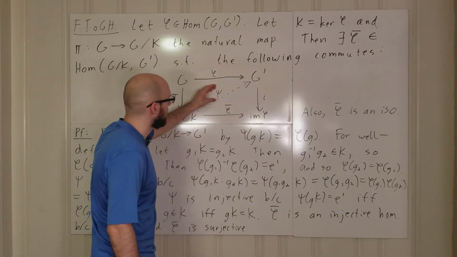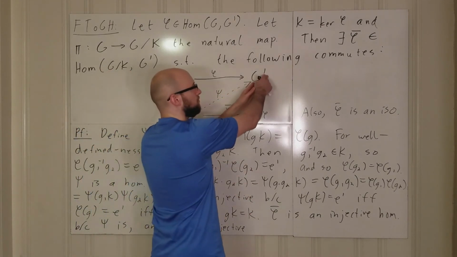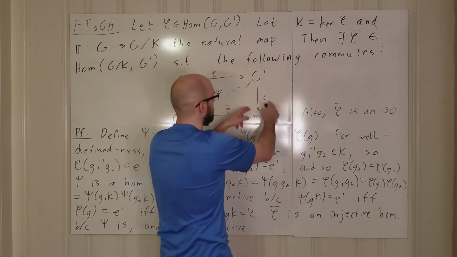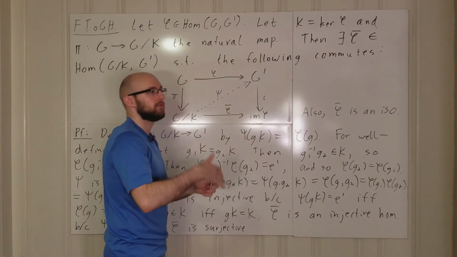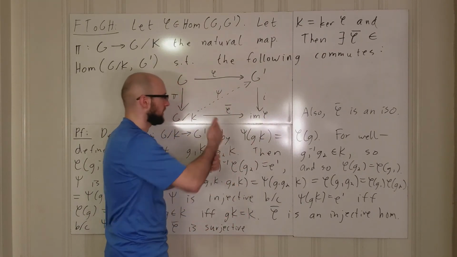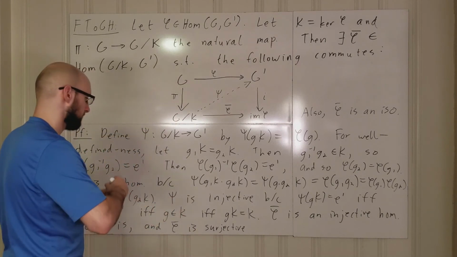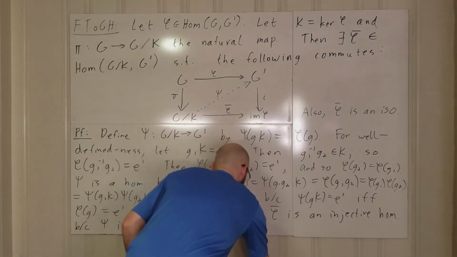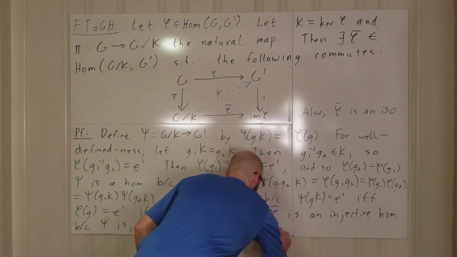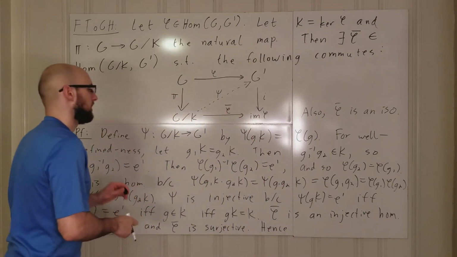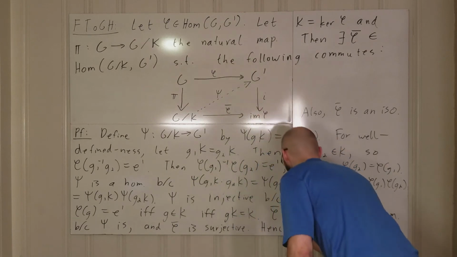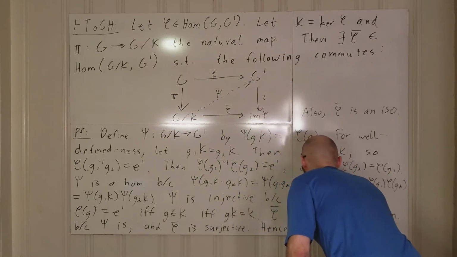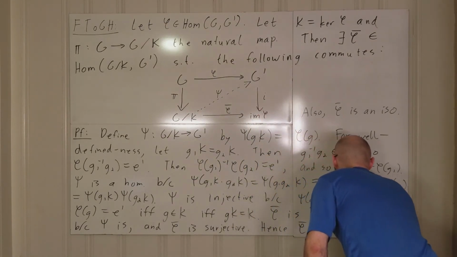And so if we take psi and we restrict where we're mapping it to the image of phi, then it's going to be surjective because it's going to hit everything. And so phi bar is a homomorphism, it's injective and surjective, hence phi bar is an isomorphism.